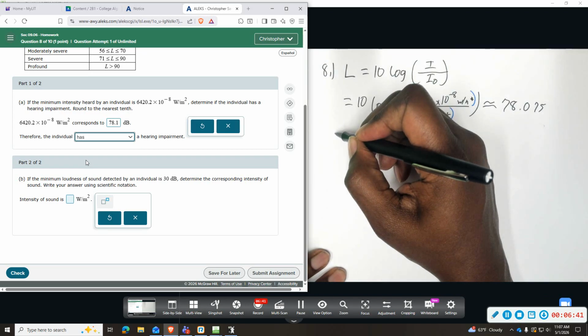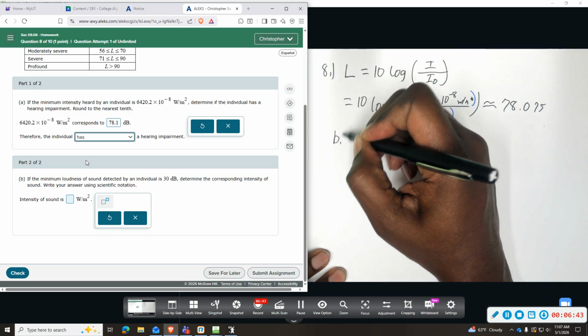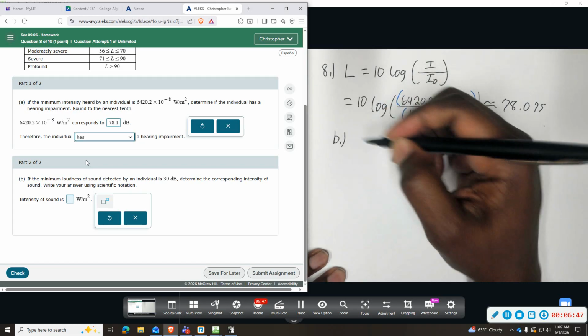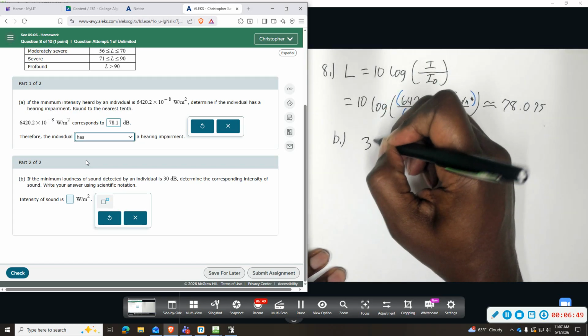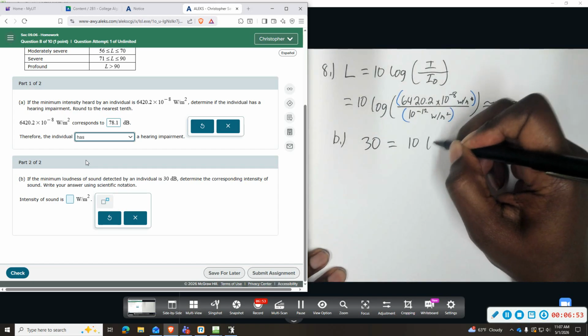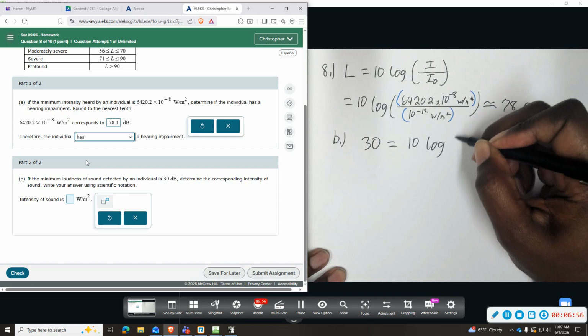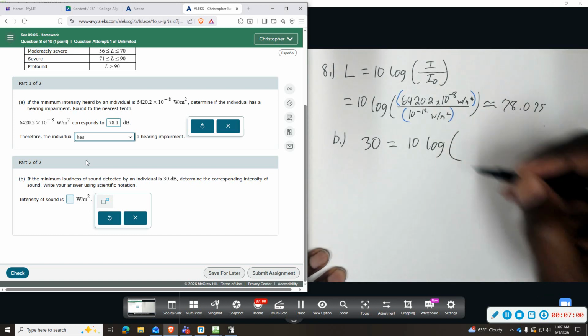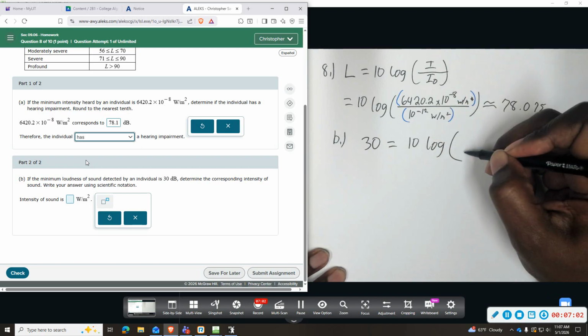This is part 2, or let's call it part B. If the minimum loudness detected is 30, so we're going to say 30 is equal to 10 log. Now the I naught is the initial minimum. That's going to stay the same, which is 10 to the negative 12th.